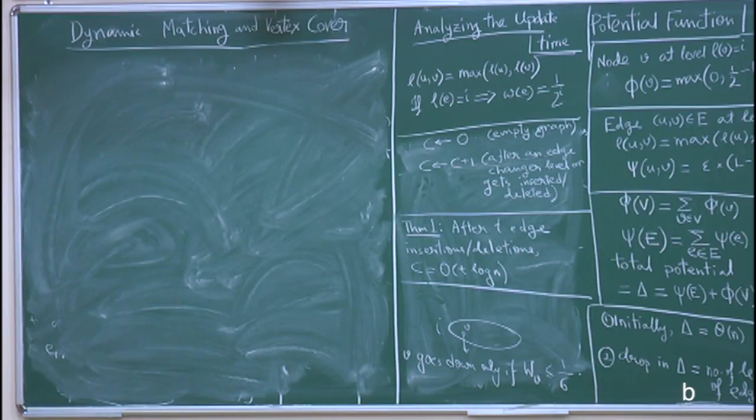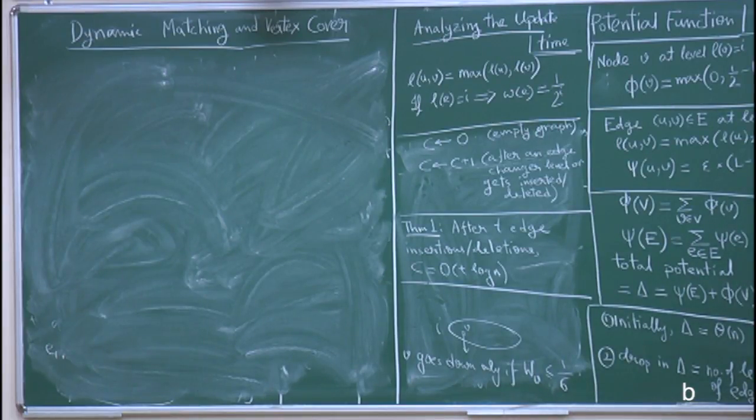It is as if at each level greater than I, someone has placed epsilon many tokens for this edge, and when this edge goes up, it will just consume that token. Just visualize it like this. Okay. Now, there is also a potential associated with each node. So, suppose a node is at level I, then what is its potential?